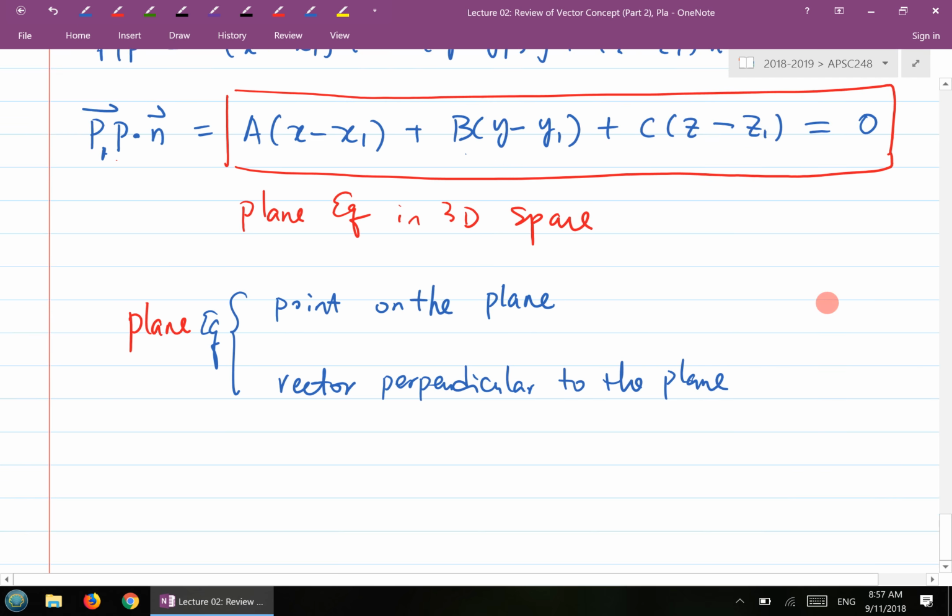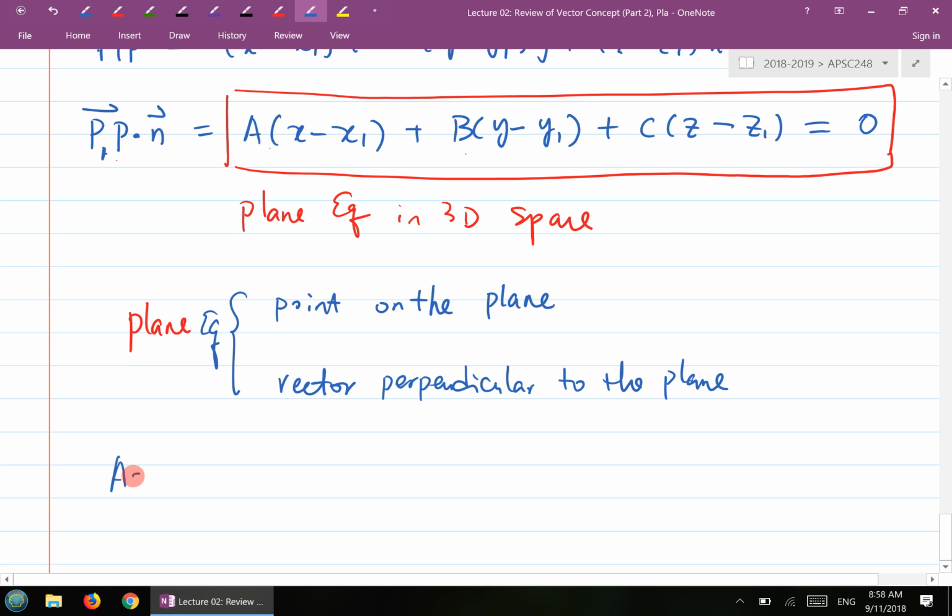Sometimes, in some textbooks or in my writing here, I multiply the A into the bracket, B into the bracket, C into the bracket, and then group things together. So let's take a look at what happens if I do that. I multiply A, B, C into the brackets.